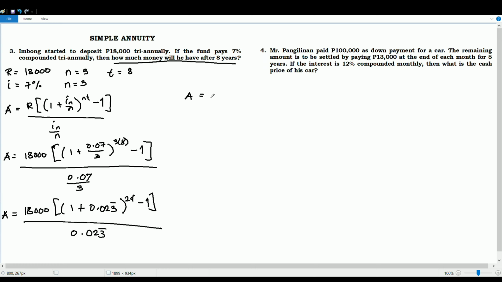So we have 18,000 times 1.023 raised to 24 minus 1 over 0.023.